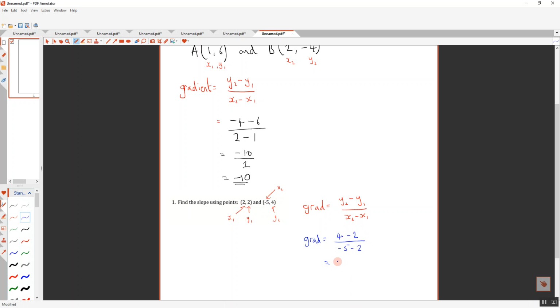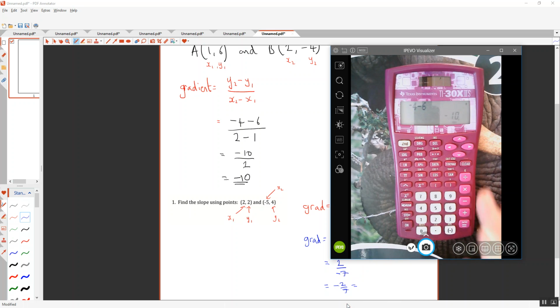Well, 4 take away 2 is 2, we don't need a calculator for that. -5 take away 2 is -7. So our answer is -2 over 7. Or if you wrote it as a decimal, negative 2 divided by 7 is negative 0.29.